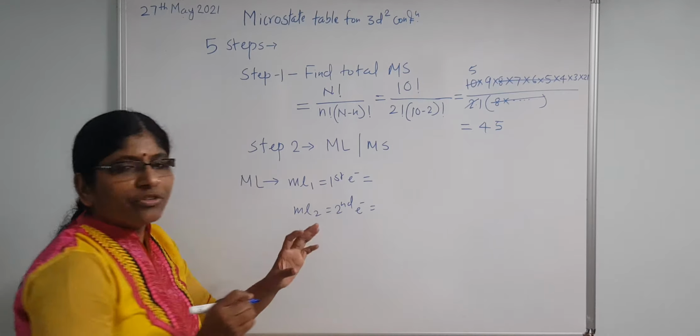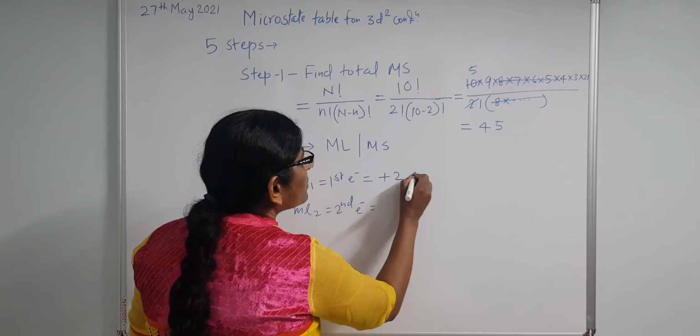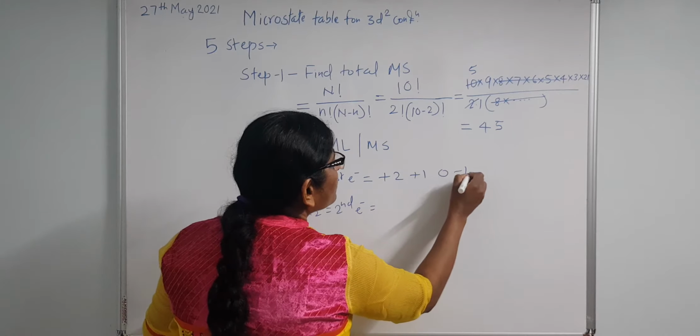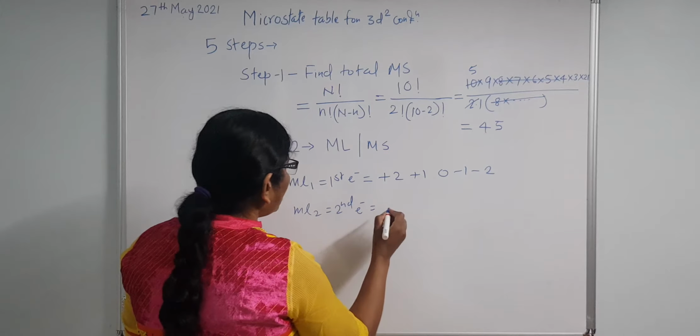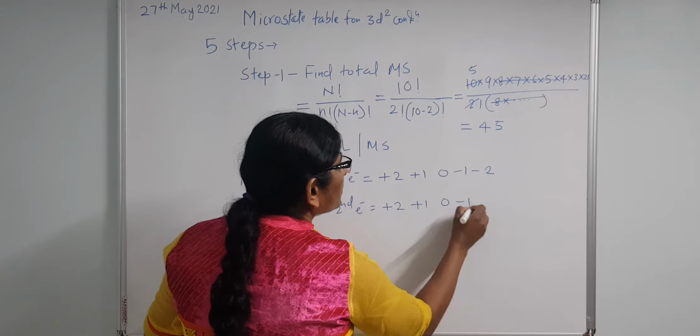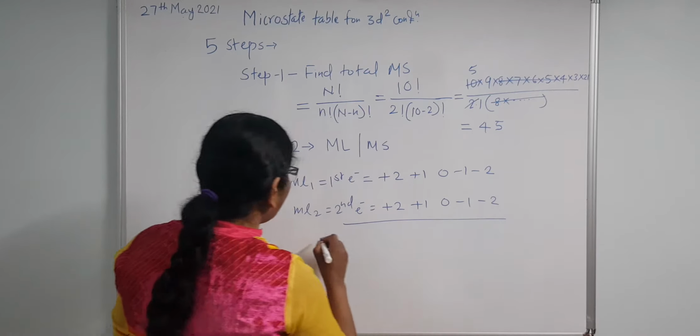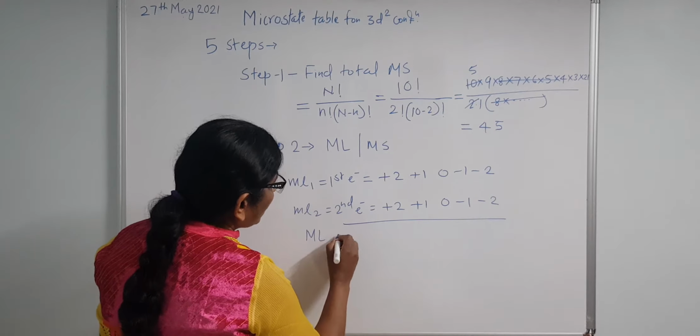All of you know the orientations for the d orbital: plus 2, plus 1, 0, minus 1, minus 2. For the second electron, which is also in the d orbital, the same values, down to minus 2.